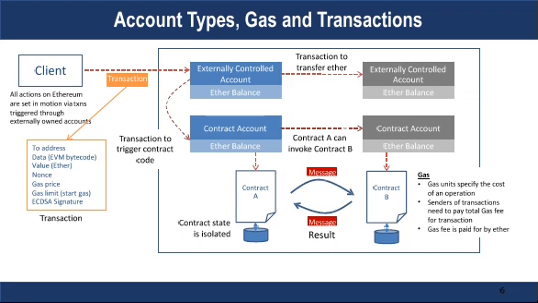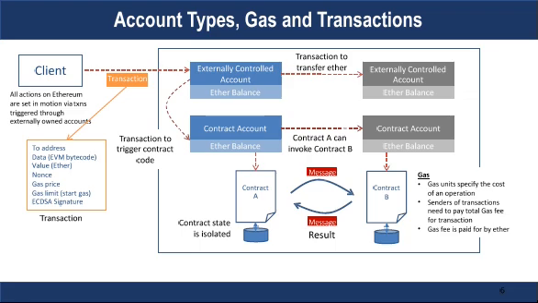I can have a wallet account and have a certain balance in that account. The balance can be in terms of Ether, and the Ether balance is held in the externally controlled account. It is possible to transfer Ether from one externally controlled account to another externally controlled account. This transaction is very much identical to what a Bitcoin transaction does.